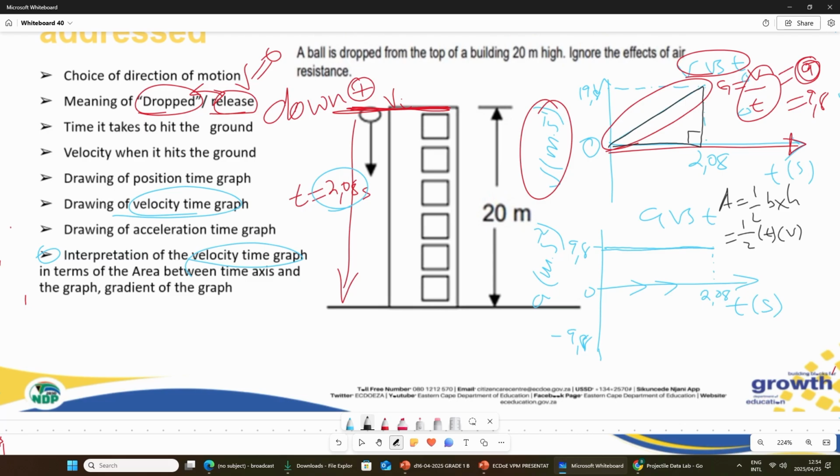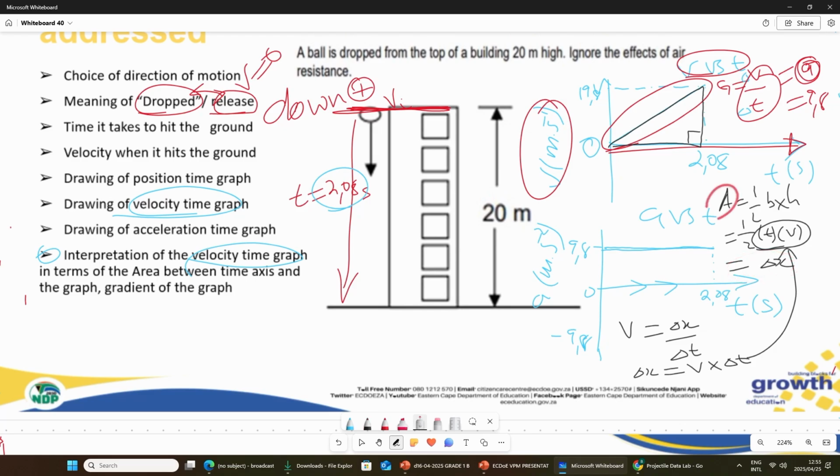Okay, so you'll note that velocity is equal to the change in x divided by the change in time, or the rate of change in displacement. If you cross multiply here, you get change in displacement is equal to velocity multiplied by the change in time. So the time times the velocity is supposed to give us the change in displacement.